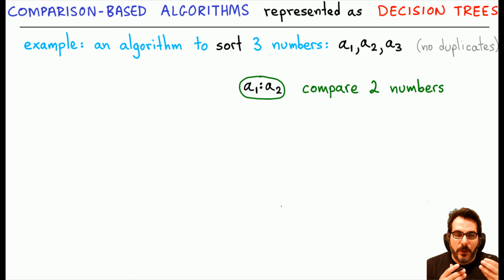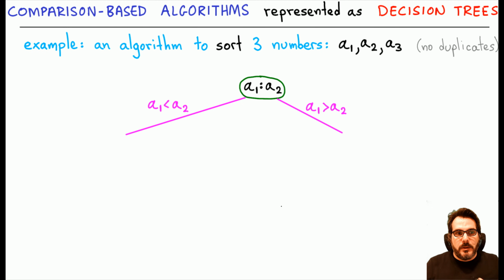If A1 is greater than A2, you form a branch, and if A2 is greater than A1, you form another branch. Basically, it's going to be a binary tree. So as you see here, A1 is less than A2 here. The other, vice versa: A1 is greater than A2 here.